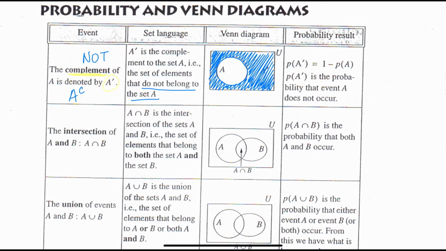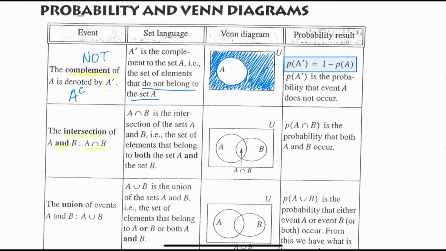In terms of a rule, the probability of a complement is equal to 1 minus the probability of A. So if the probability that it rains today is 40%, the probability it doesn't rain today is 60%, okay? So 0.4, it will be 0.6. You subtract from 1.